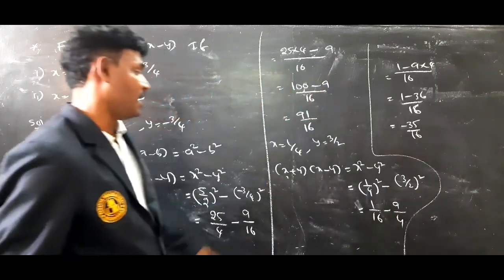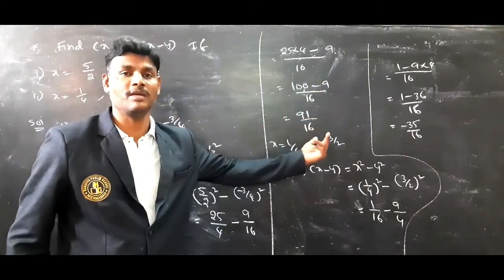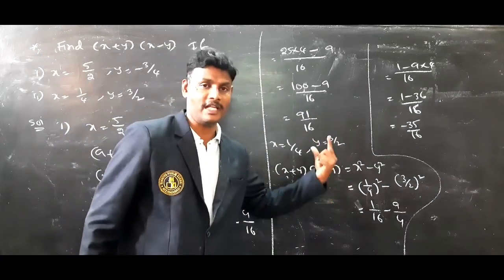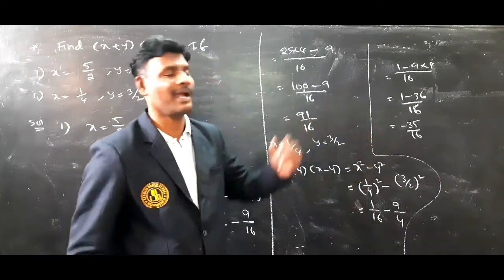So if x is equal to 1/4 and y is equal to 3/2, the value of (x + y)(x − y) is −35/16.